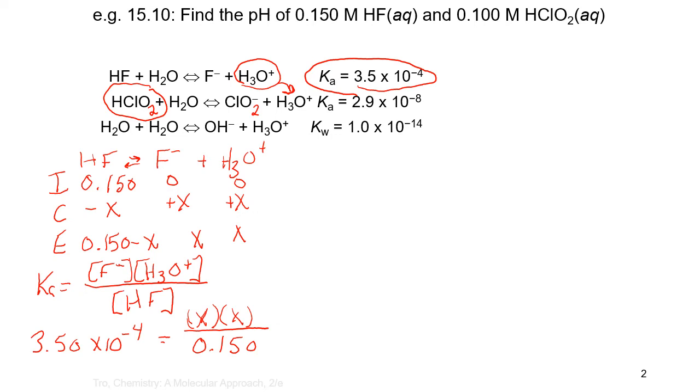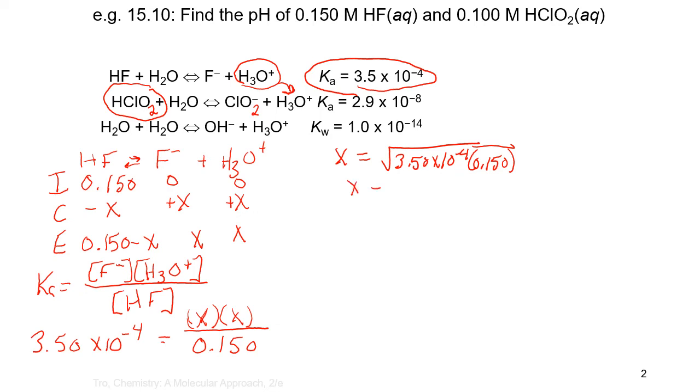Right? If we rearrange this, our X is going to be the square root of our Ka times the initial concentration.